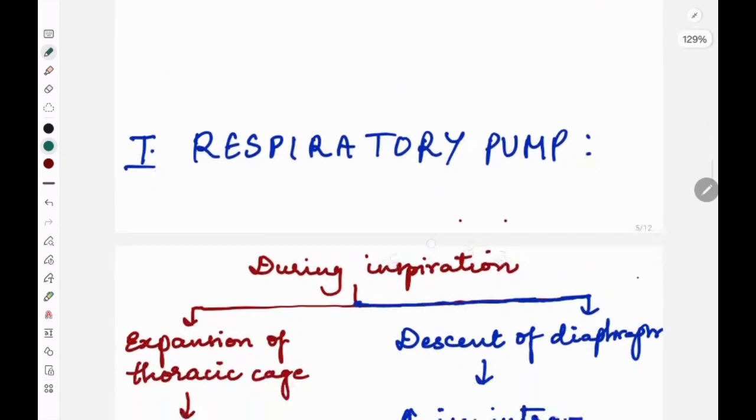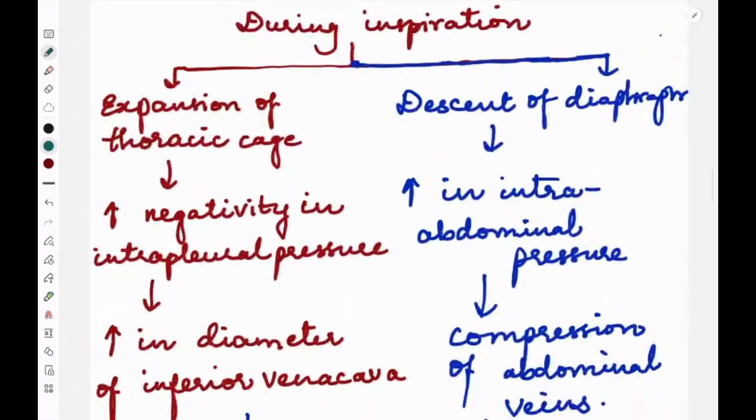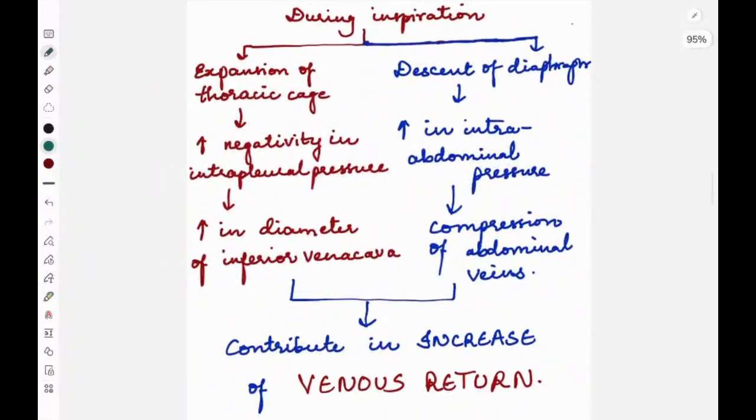What is respiratory pump? So the first one is respiratory pump. The mechanism is very important, how the respiratory pump occurs. The respiratory activities that increase the cardiac output is what we call respiratory pump. Now what are the respiratory activities?